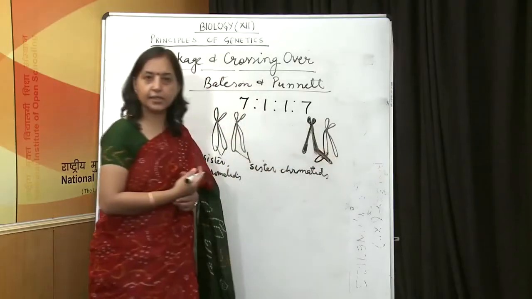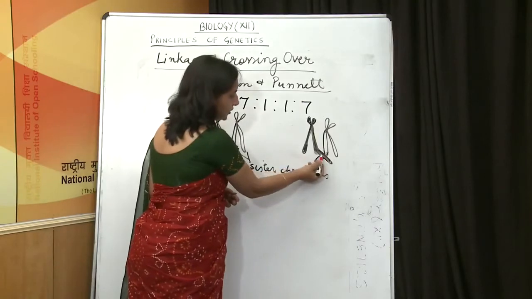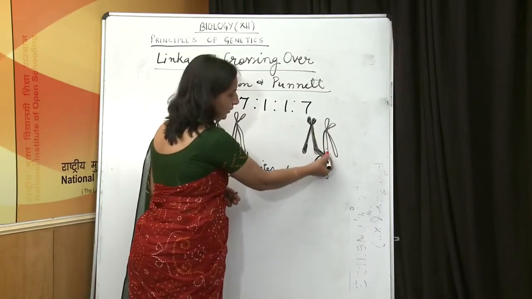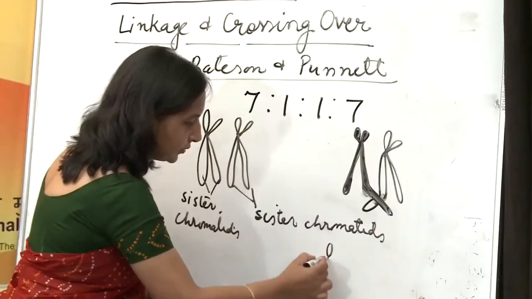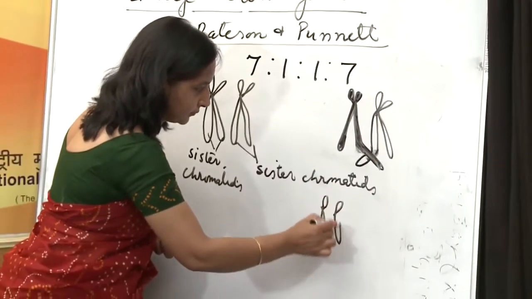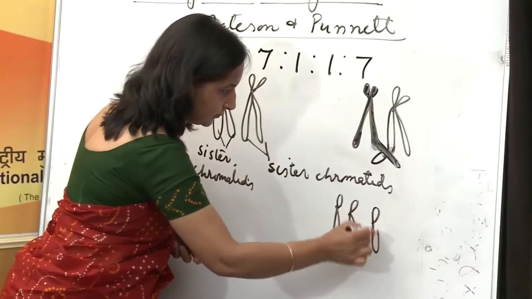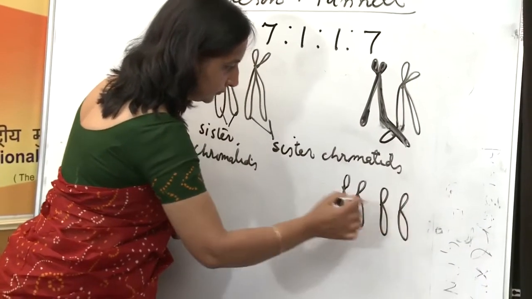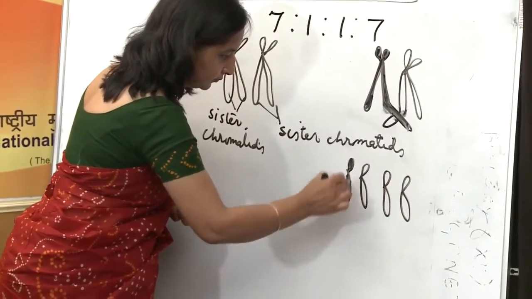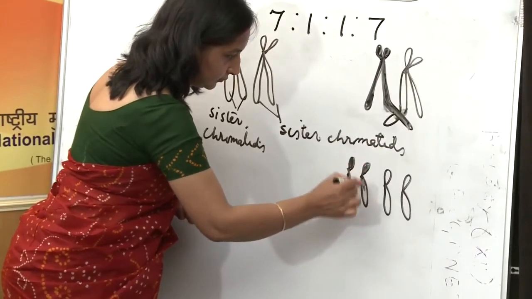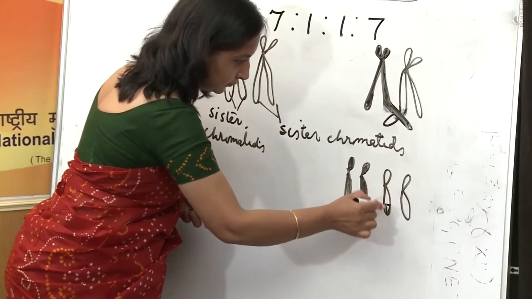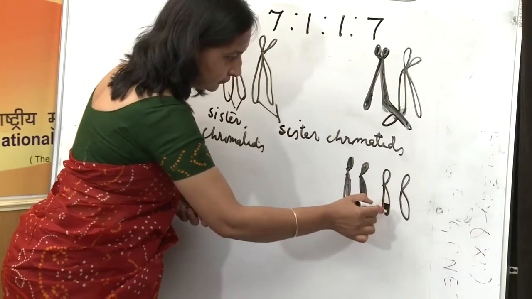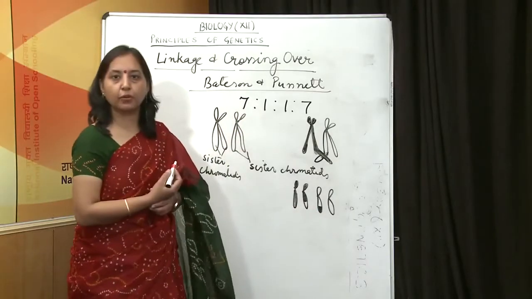We can easily see here that after the exchange of genetic material between non-sister chromatids of homologous pair of chromosomes, we see four types of combinations.